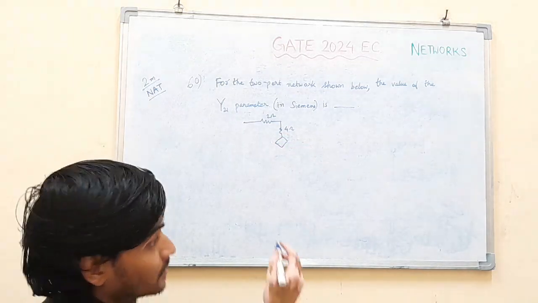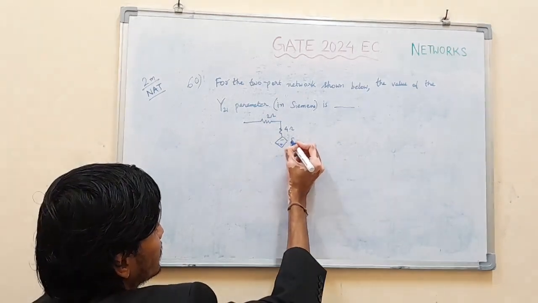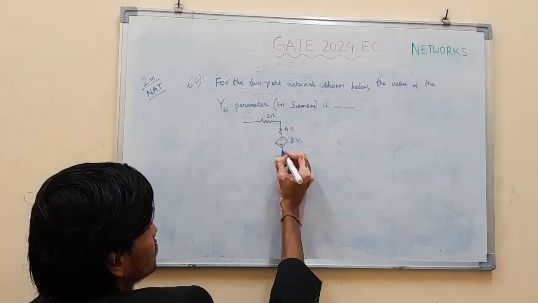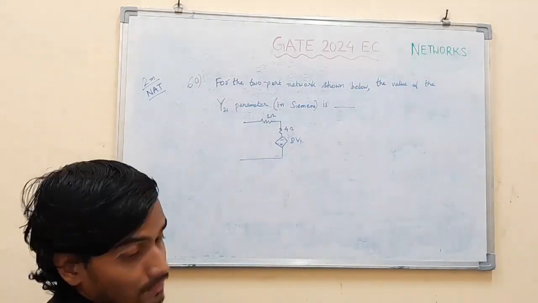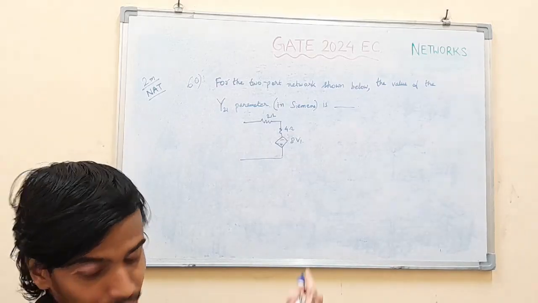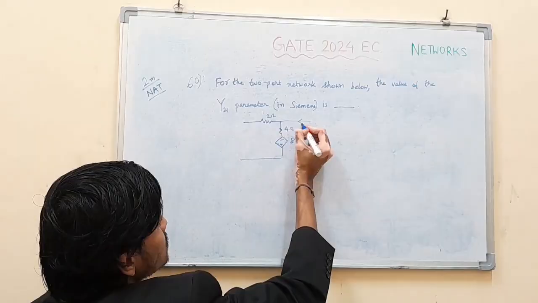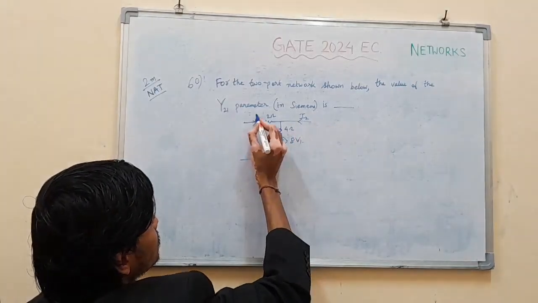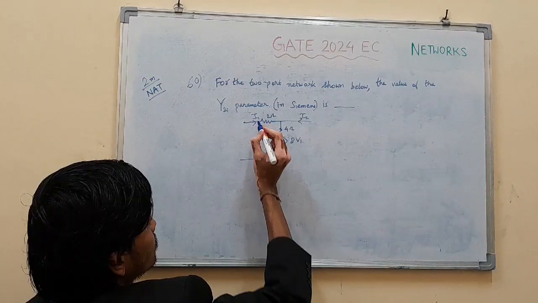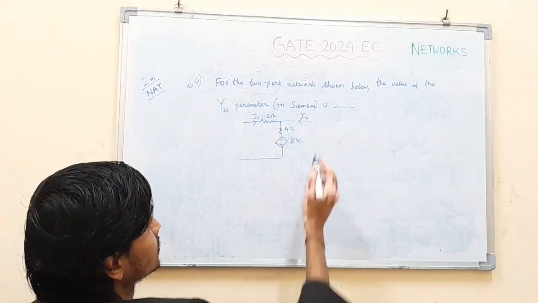The entire voltage will be V. This voltage is only this voltage, this is shorted, which is basically I1 times 3 plus 2, that is 5 I1, that is 5 times Vx by 3.